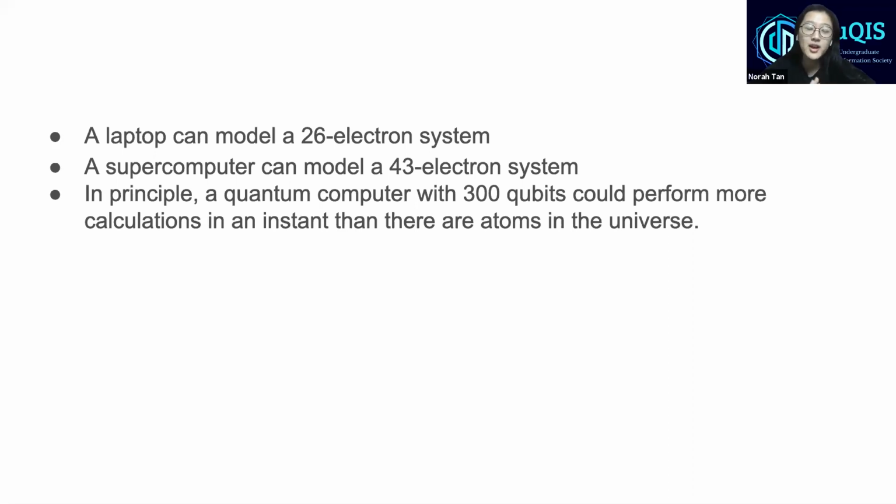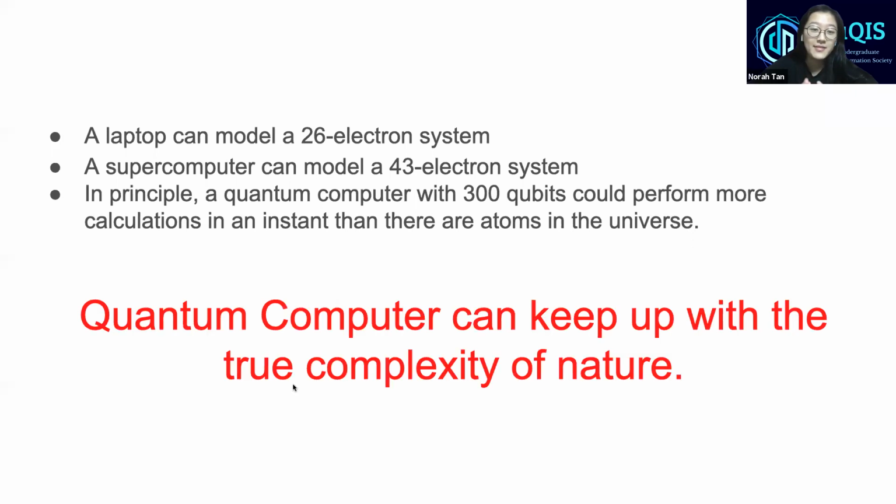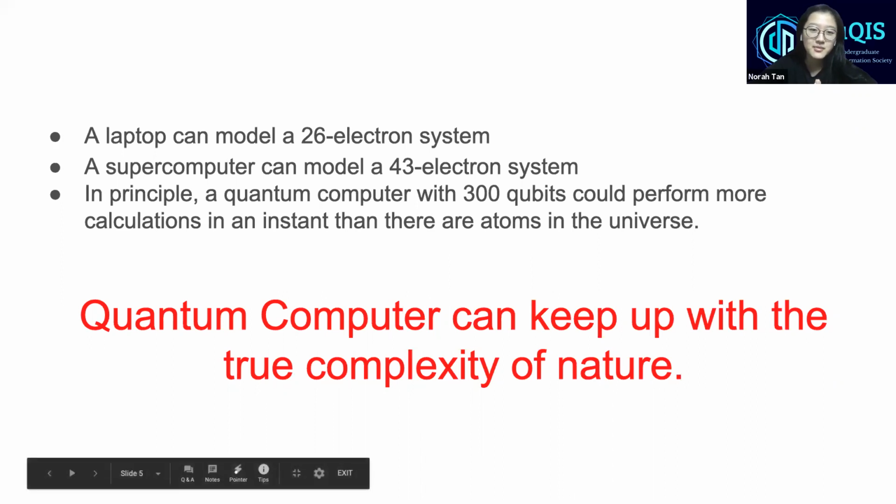And in principle, a quantum computer with 300 qubits, and a qubit is something analogous to the classical bit, 0 and 1, and we'll talk more about that later, could perform more calculations in an instant than there are atoms in the universe. And this is all because a quantum computer can keep up with the true complexity of nature.